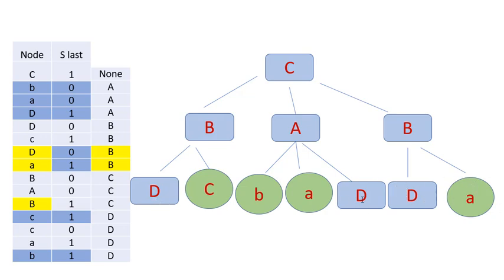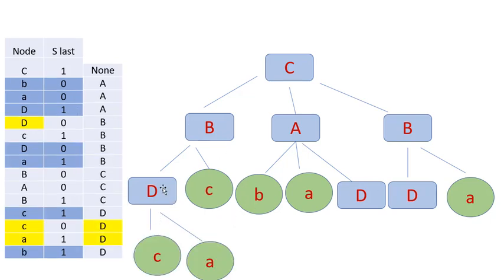So now we got three more parent nodes to go. There are a total of three D's here. So how do we know which D is which one? First of all, we refer back to the B. The parent node of this D should be B, right? So as we can see here, the parent node of this D is B. So it should be this D, the second D of this column.